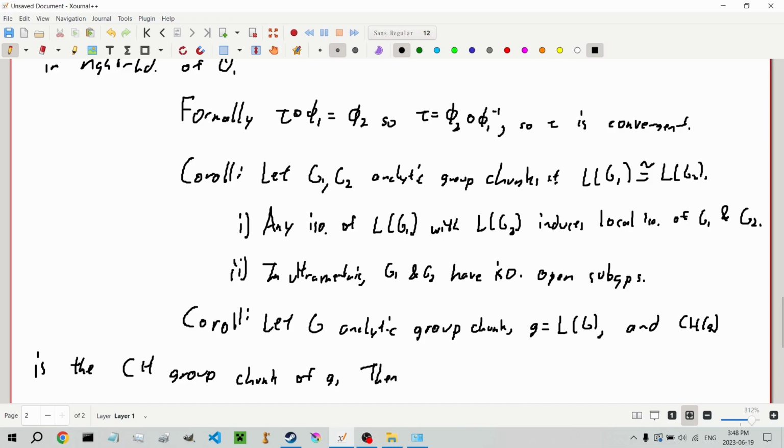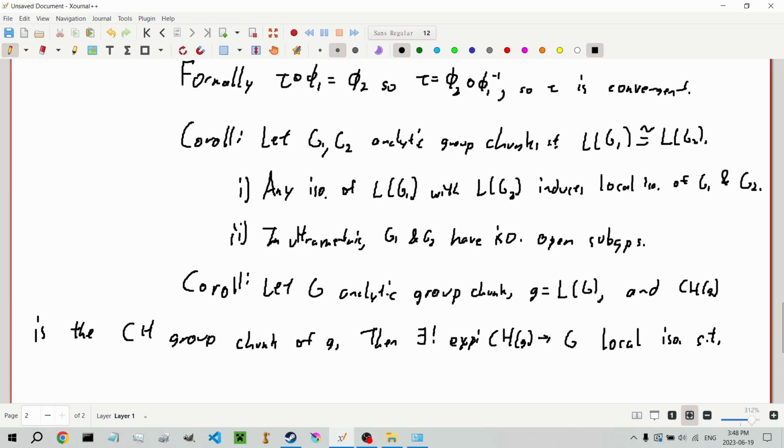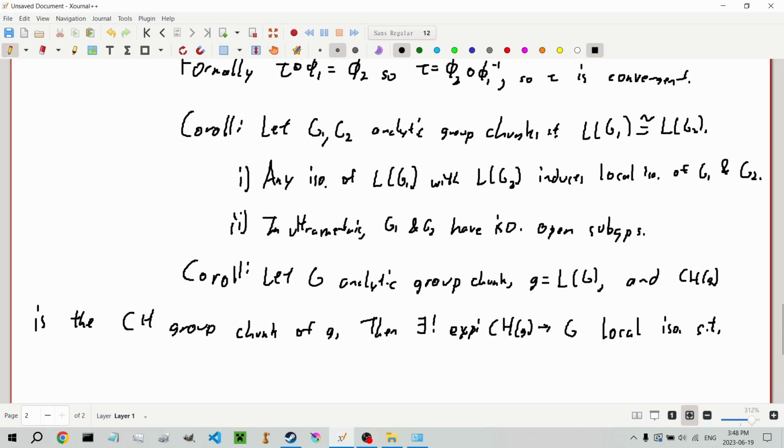Then there exists a unique local isomorphism, which we can call the exponential, from CH of 𝔤 to G, such that the Lie version, the algebra version of this exponential, is just the identity.